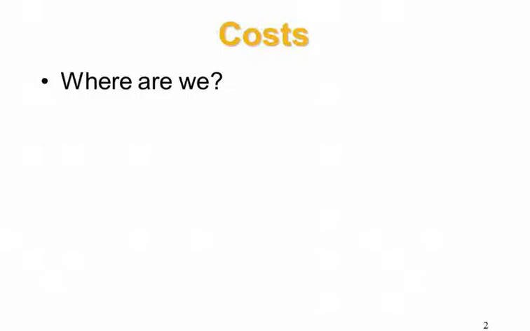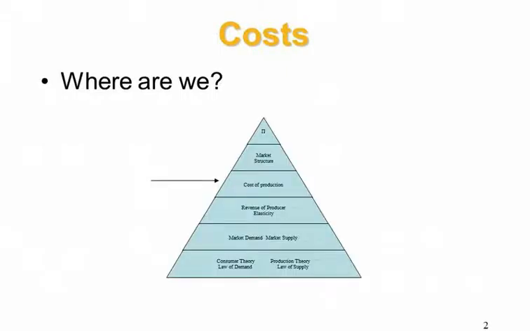So, how does this particular topic fit into the structure of the class that we have established thus far? Well, let's look at the pyramid. Remember the bottom of the pyramid? What is economics?